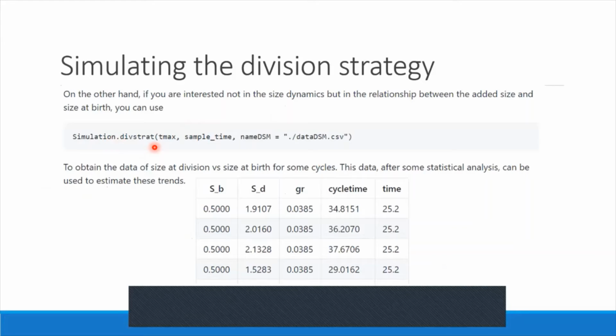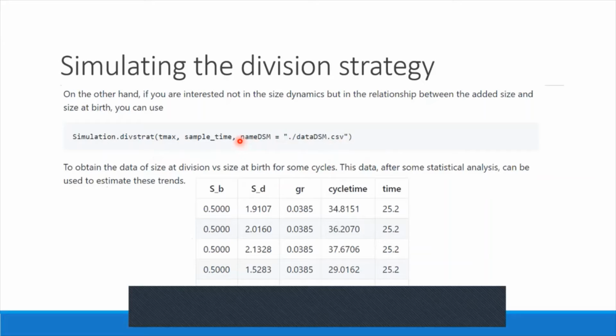In the same way as before, you must define the Tmax, the maximum time to simulate, the sample time, and the file where you're going to save your data. The argument is called name.